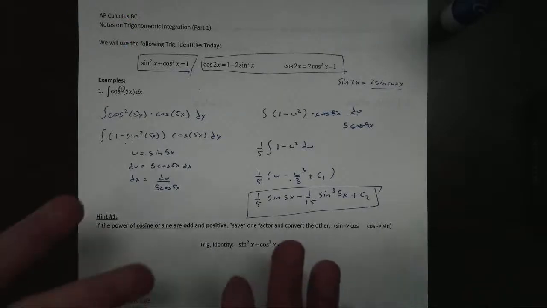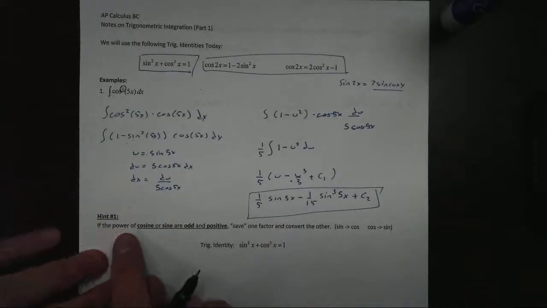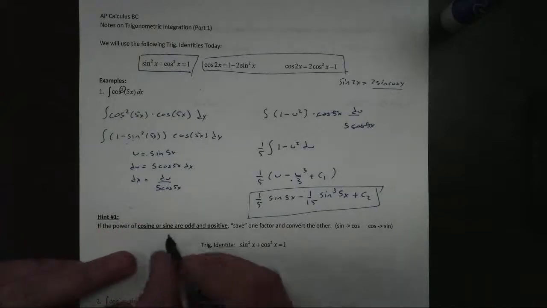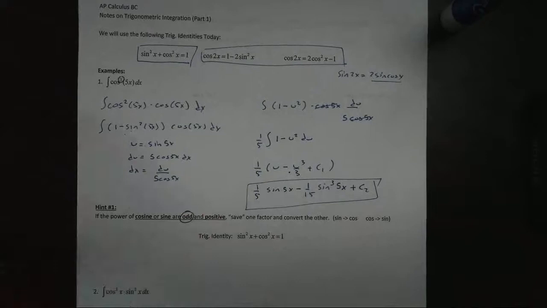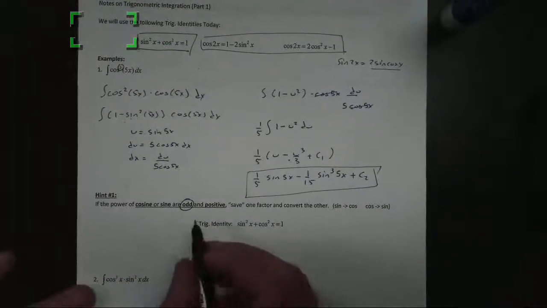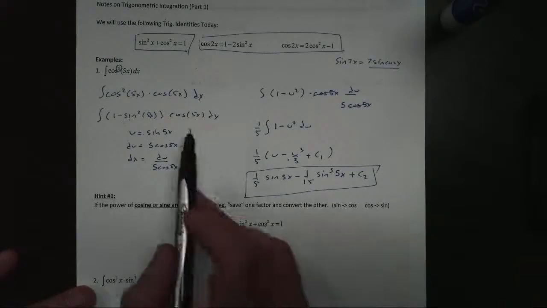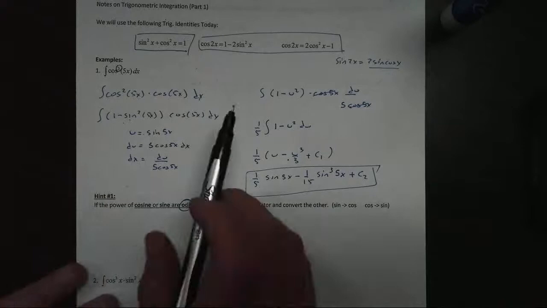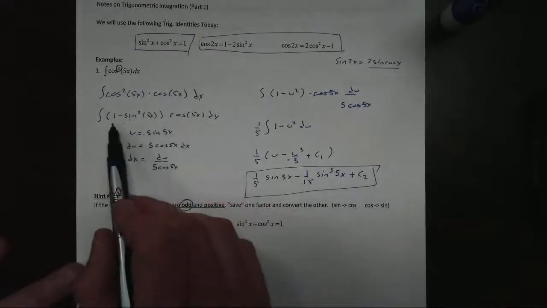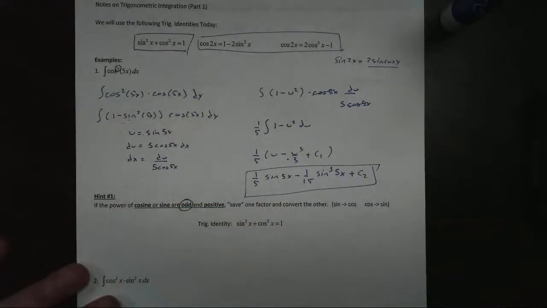So here's a hint. Hint number 1. If the power on sine or cosine is odd, if they are odd, here's what we're going to do. This is a religious experience. We're going to save one of the factors. See right here? I saved the cosine factor and we convert the other. So we're going to save one and then convert the other in terms of the other trig function.